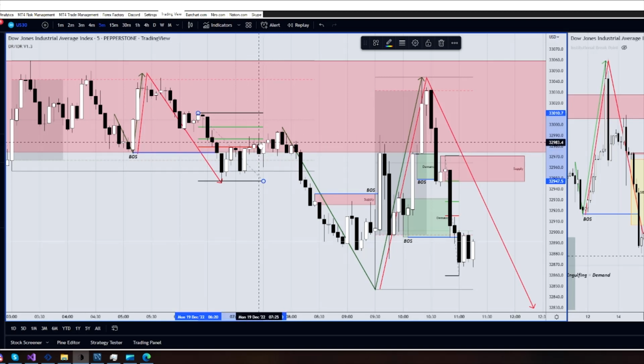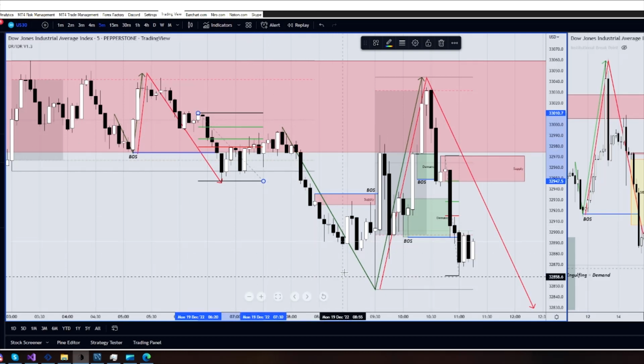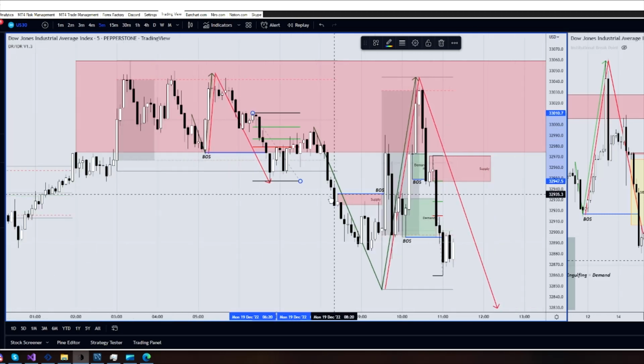Pin bars here. We have another order block, and it just carries on going down. So I got into the market around this area just as it goes into 50%, and extracted 3 to 1.